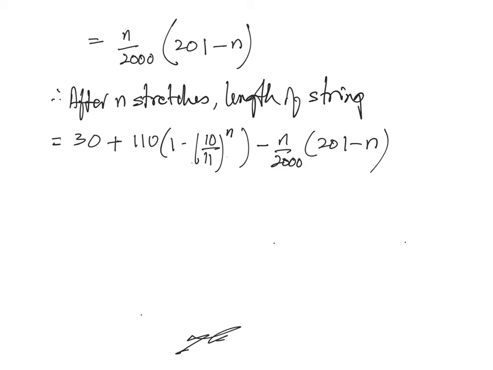Okay, and I can further simplify. If I open up these two brackets, I get 30 plus 110 times 1, minus... sorry, mistake.